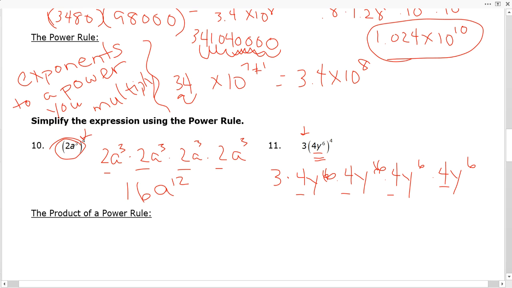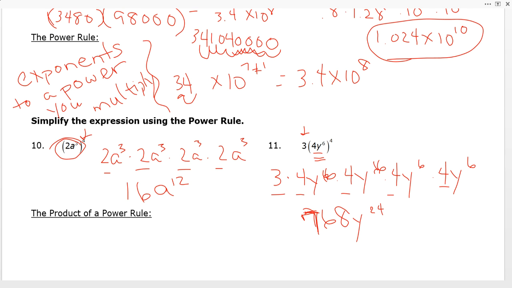That's 256. Times 3 is 768. And then I have 6, 12, 18, 24 y's. I hate it when I start doing that and then I start messing it up. 768 y to the 24th.